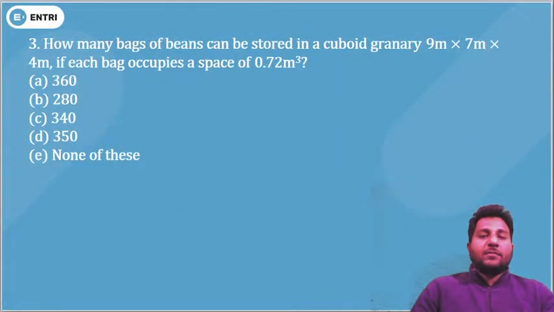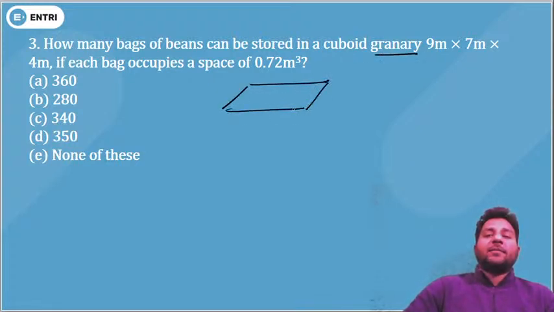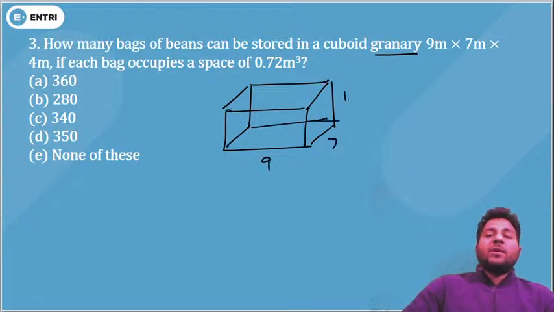The next one. How many bags of beans can be stored in a cuboid granary? So there was a cuboid granary. Look at this. Length is 9, breadth is 7, and width, or you can say height, is 4.